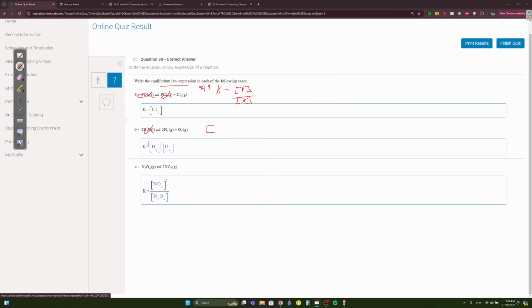They give you K equals H2 O2, but you have a 2. If you have a coefficient, you raise it to the power of that coefficient. That's it. Here, gas, so we don't care. You put the product NO2 raised to the power of its coefficient over the reactant N2O4. It doesn't have a coefficient, so that's it.